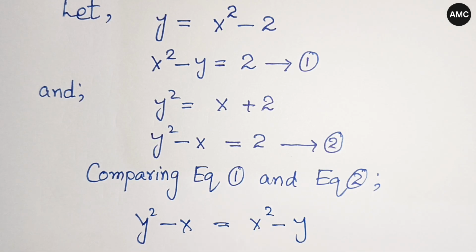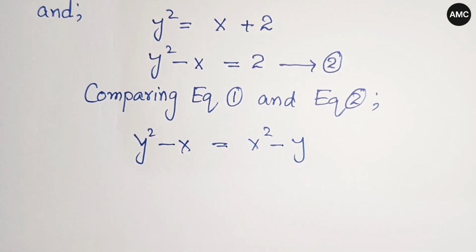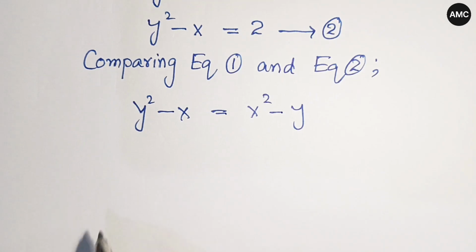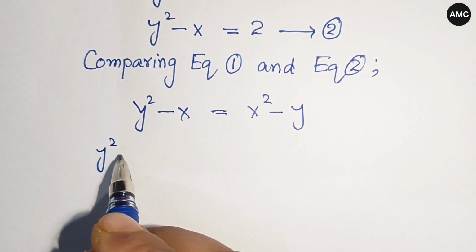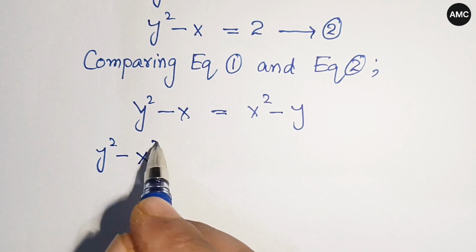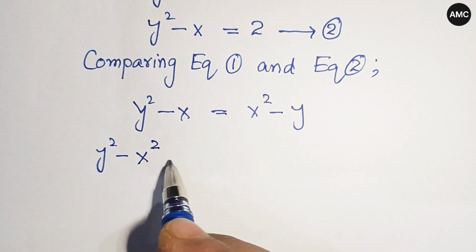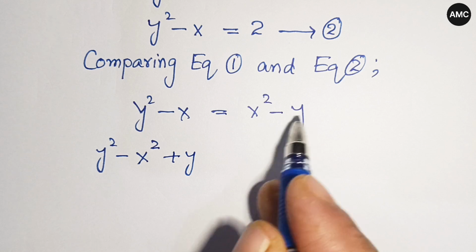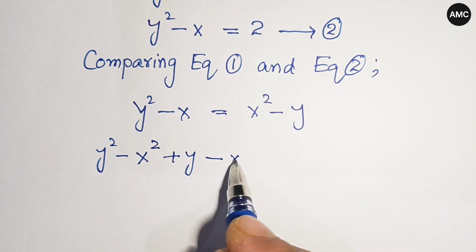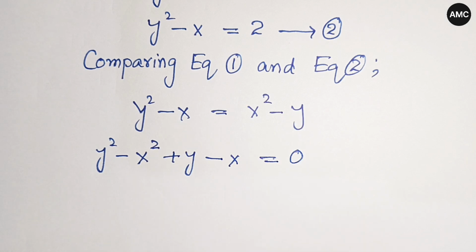So the left hand sides of these equations are also equal to each other. So here we have y squared, and shifting this one we get minus x squared, and minus 1 will be plus, minus y will be plus y, and it is minus x, which is equal to 0.